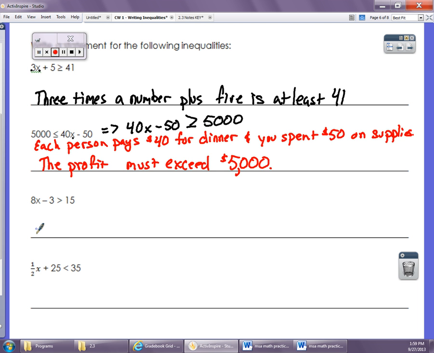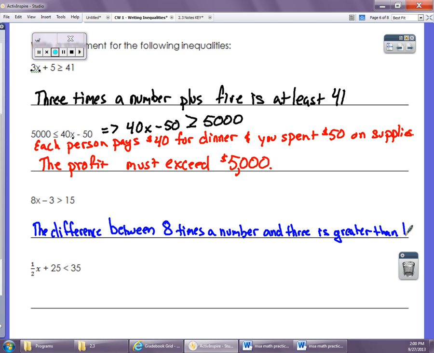Well, we're subtracting, so the difference between 8 times a number and 3 is greater than 15.